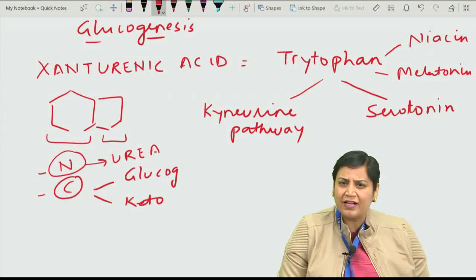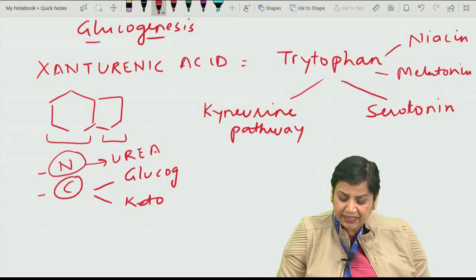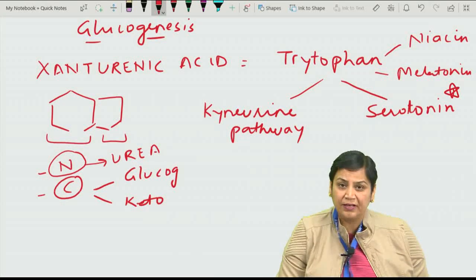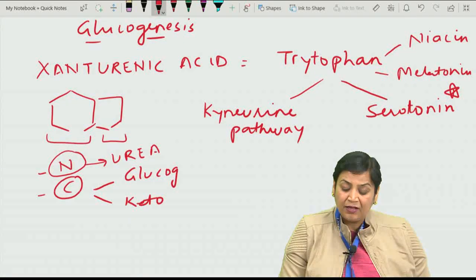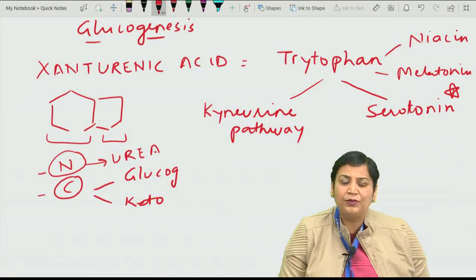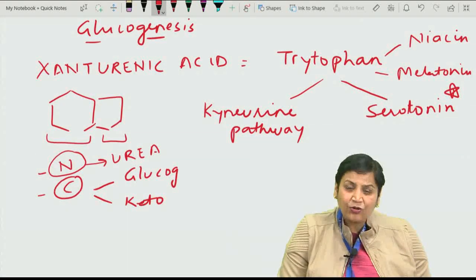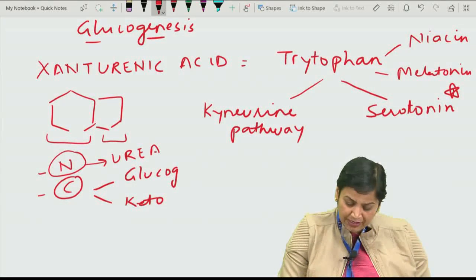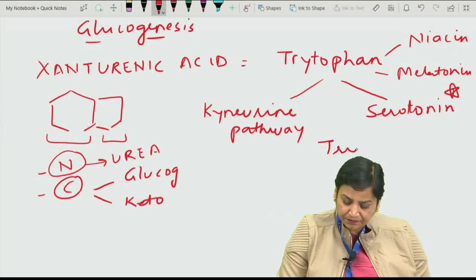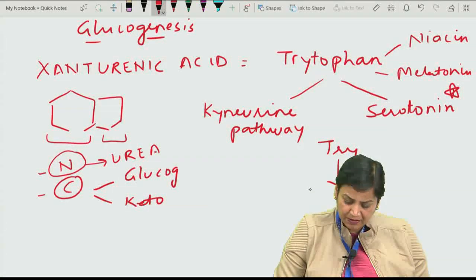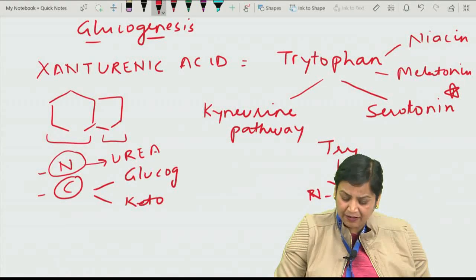Serotonin, which is a potent vasoconstrictor, is synthesized from tryptophan. This is again a very important question. The precursor of serotonin, we can say, is tryptophan. Now the kynurenine pathway plays a very important role. This tryptophan will be degraded to form N-formyl kynurenine.